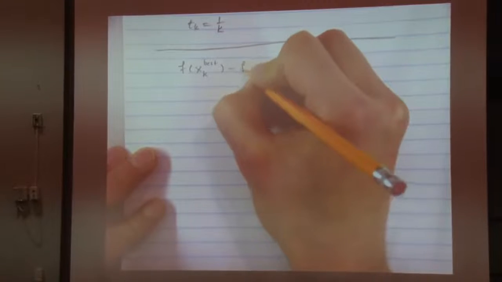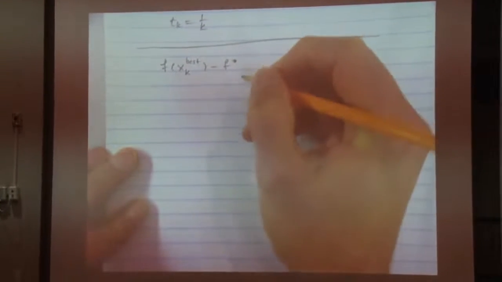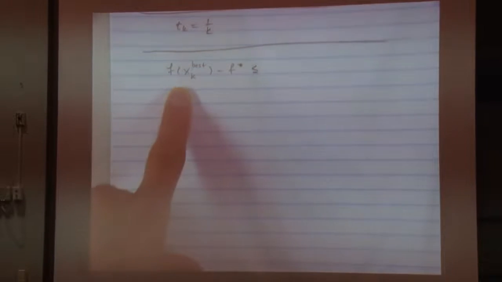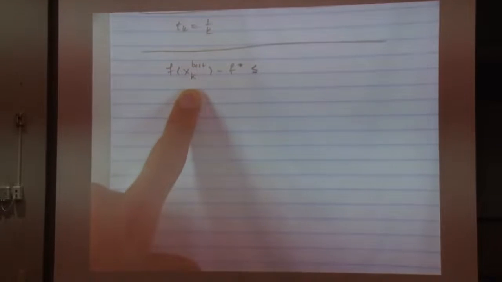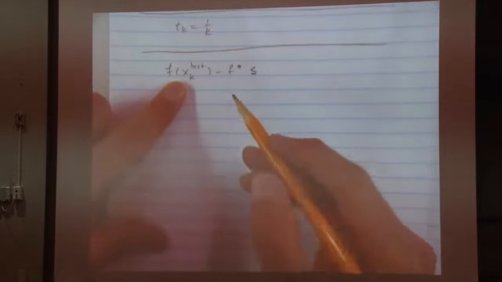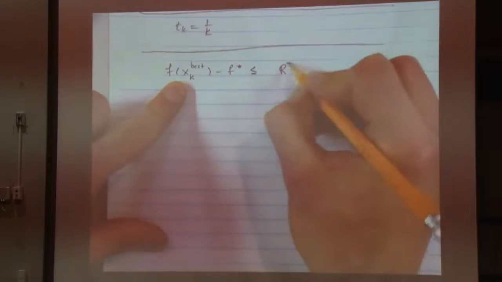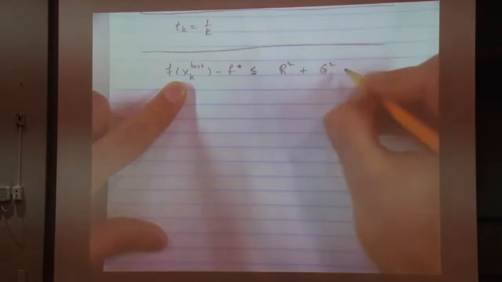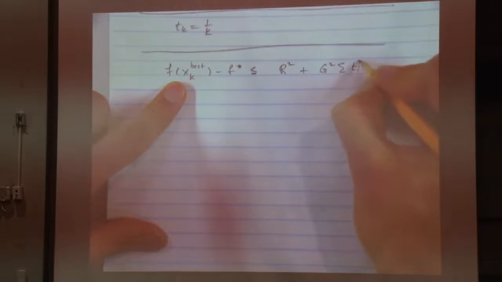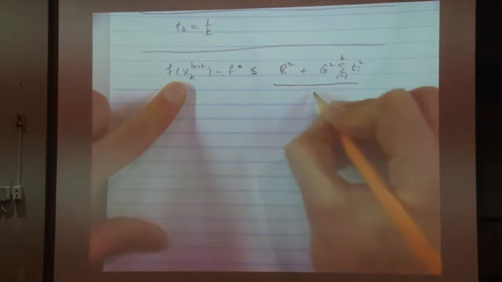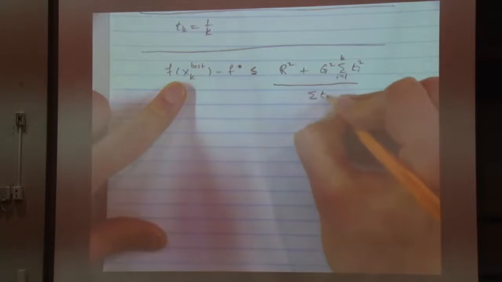We said that after k iterations, assuming that the criterion is Lipschitz, the difference between the best criterion value that we've seen so far and the optimal value is at most R squared plus G squared times the sum of the squared step sizes so far, divided by 2 times the sum of the step sizes seen so far.